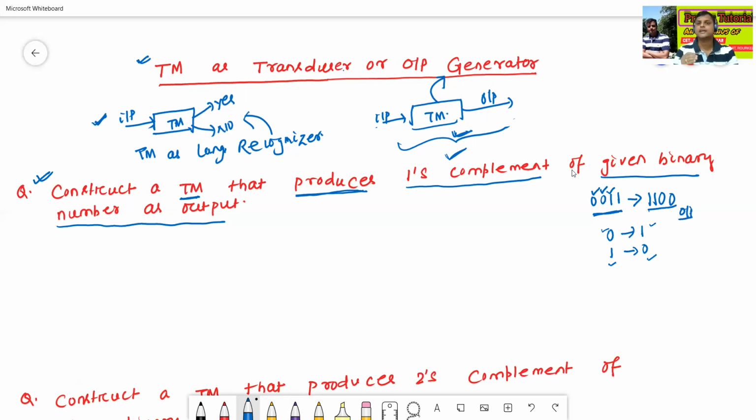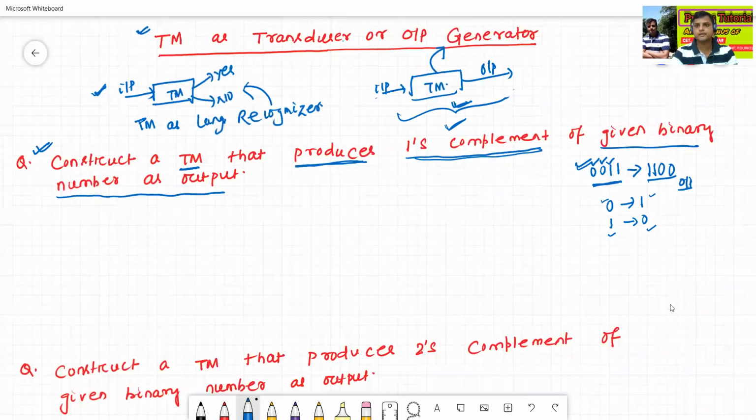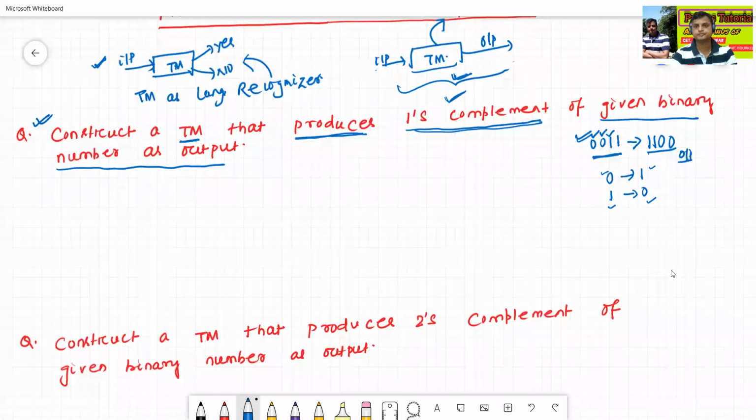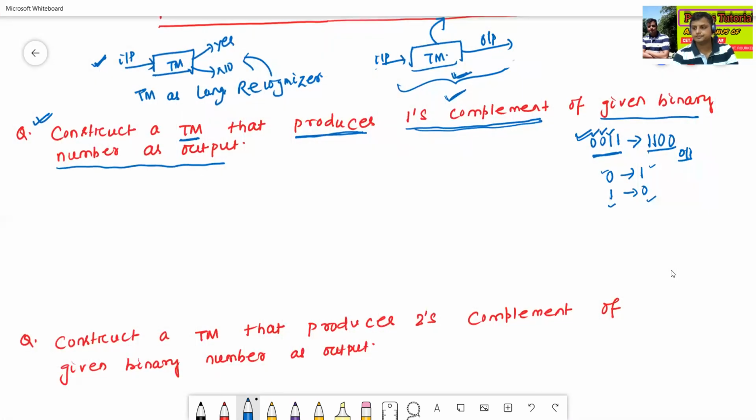So now we'll construct the Turing machine for this input string, for 1's complement. Here Q0 is the initial state. When it sees the input 0, it will convert it to 1.